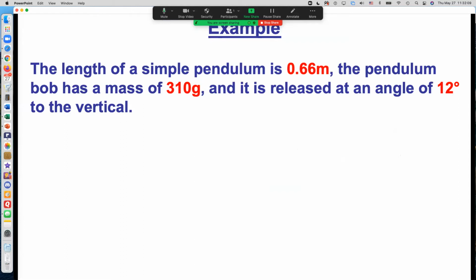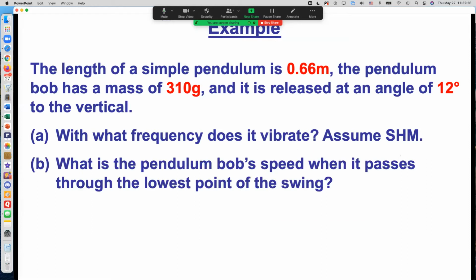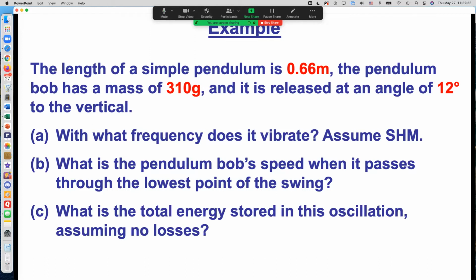So here's an example. The length of a simple pendulum is 0.66 meters. The pendulum bob has a mass of 310 grams, and it's released at an angle of 12 degrees to the vertical. With what frequency does it vibrate? Assume simple harmonic motion. What is the pendulum bob's speed when it passes through the lowest point of the swing?